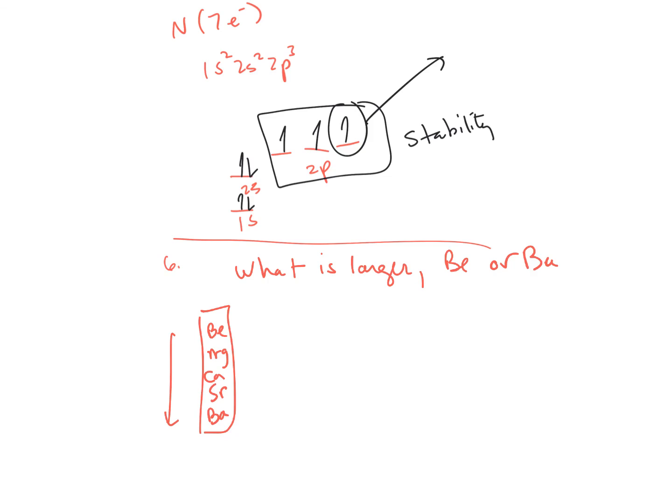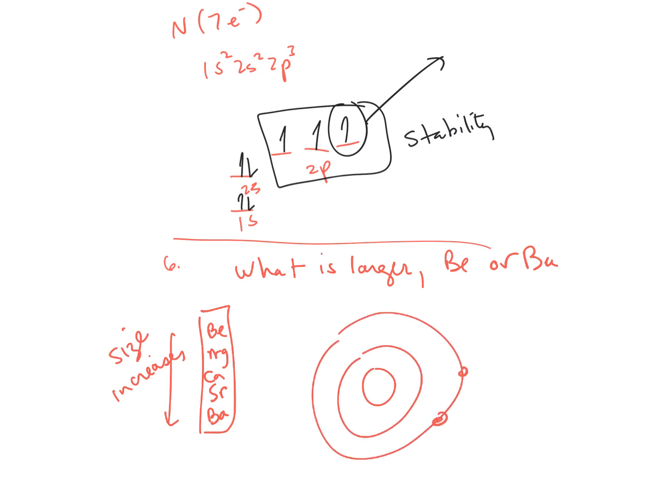So size increases going down the group, and you've got electrons that are filling out into the outer shells, associated with the higher number of electrons in the configuration. So the one further down in the group is the one that's going to be larger, and so in that case it's going to be barium. That would be the answer to that one.